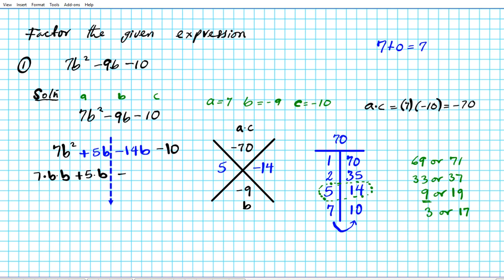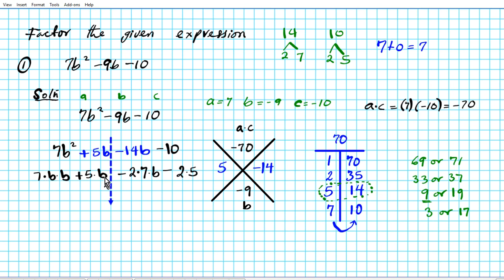And then 14, what's the decomposition of 14? 2 goes into 14 7 times. So 14 is 2 times 7, and then times the b, and then 10 can be decomposed into what? 2 goes into 10 5 times, so 10 can be written as 2 times 5. Okay, so we've decomposed all our terms. We're now going to factor.